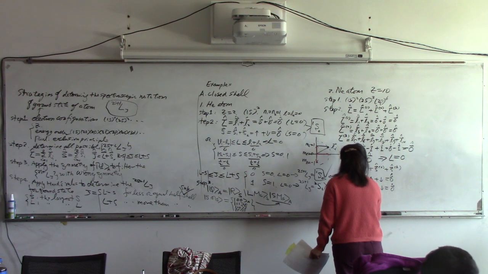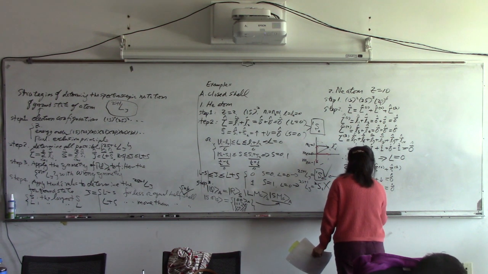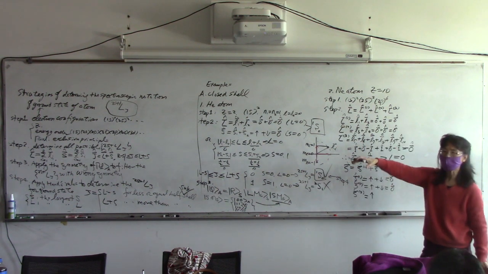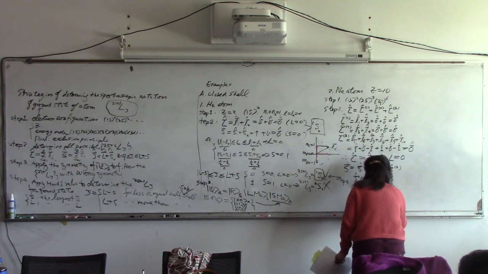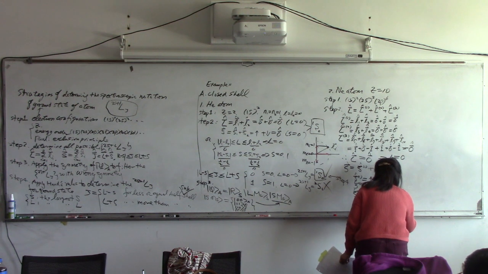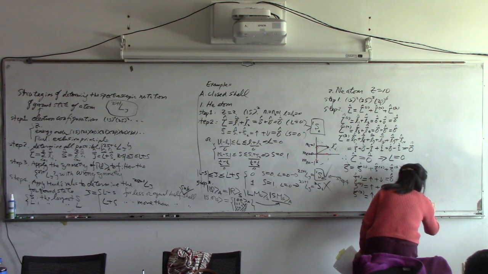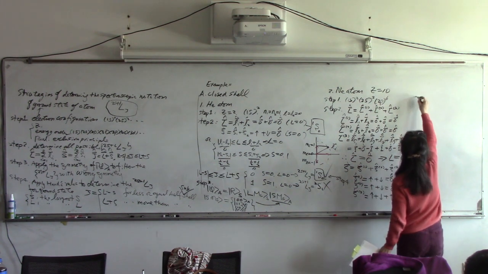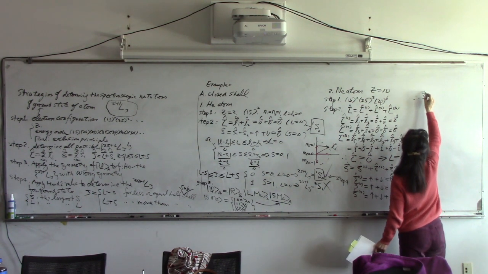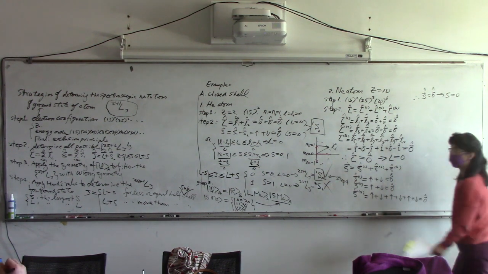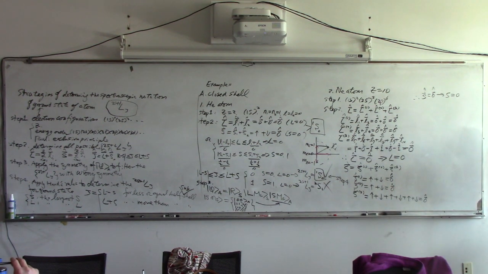The third, we have 6. So according to the Pauli exclusion principle, if 3 are up, then the other 3 are spin down. So all cancel. Again, that gives us 0. So we have total S is 0. That gives a quantum number of 0. Any questions?